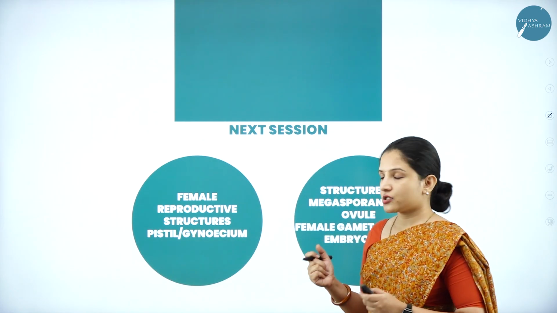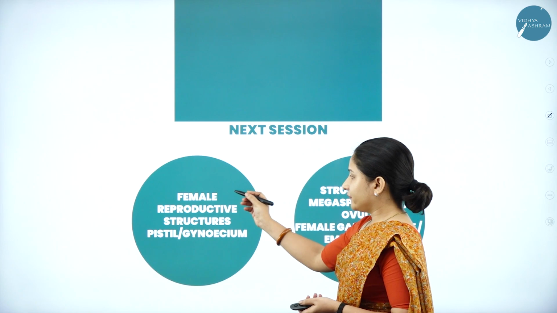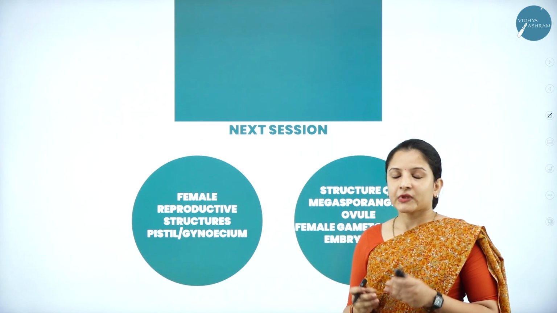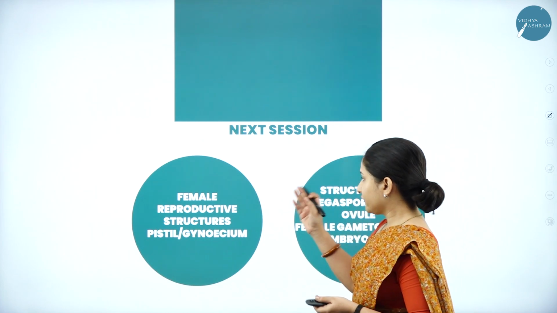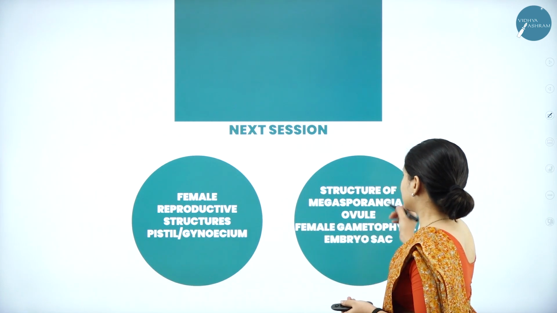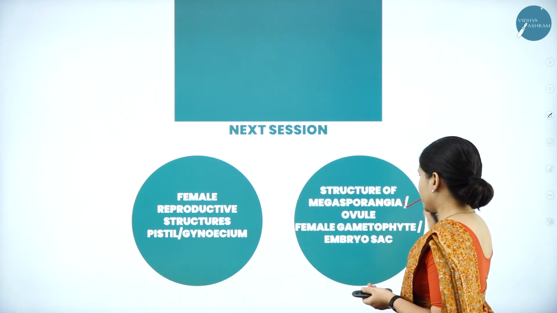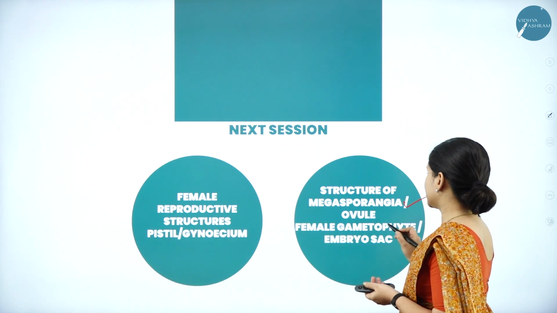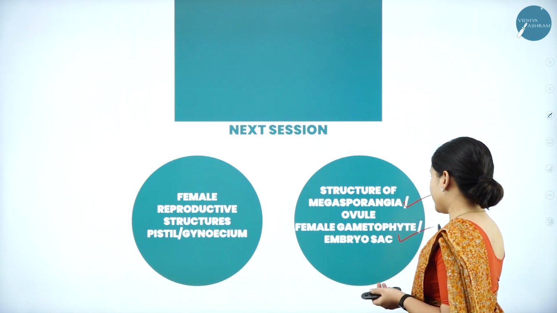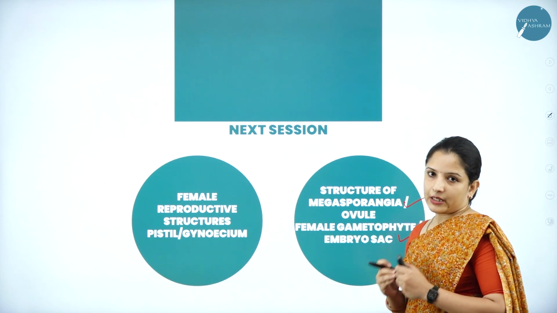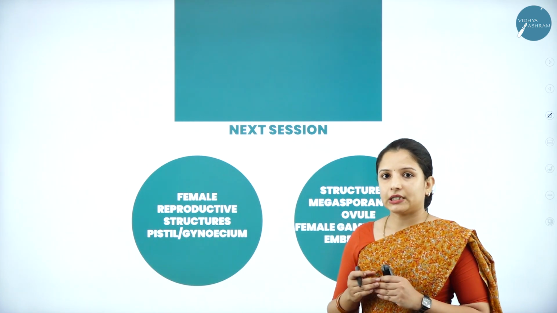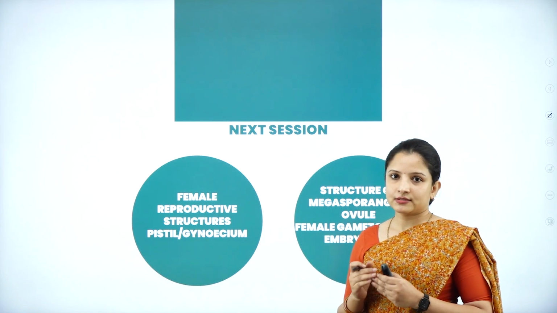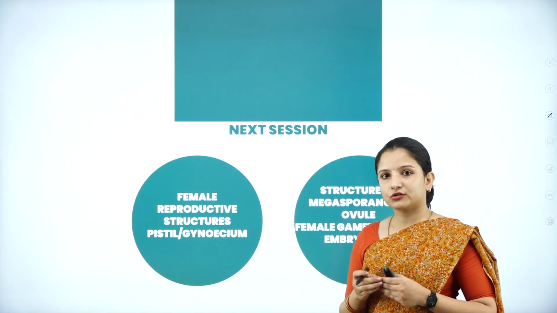In the next session, we will study the female reproductive structure, that is the pistil or the gynoecium, and in it we'll study the megasporangia or the ovule, and the female gametophyte, which is called the embryo sac. This female reproductive structure also comes under the prefertilization structures. Hope you understood this session.